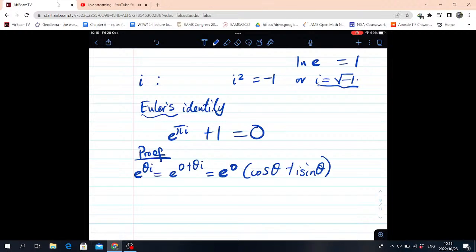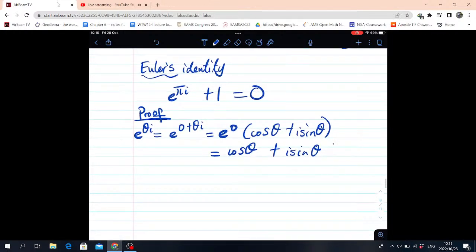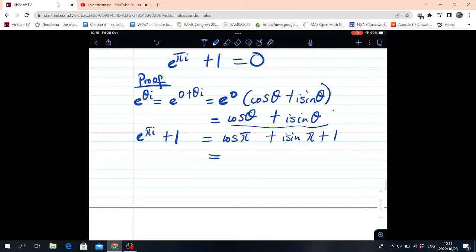And then this is going to be equal to cos theta plus i sine theta. So if we say e to the pi i plus 1, what we are saying is this is cos pi plus i sine pi plus 1. And we know that cos pi is equal to minus 1 plus this sine pi is 0, so we've got 0 plus 1, and then we get that to be equal to 0.